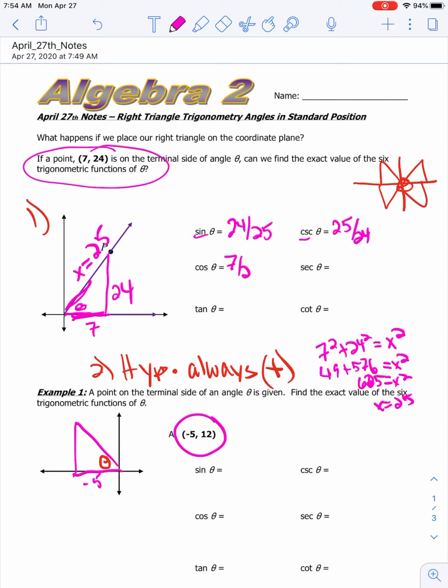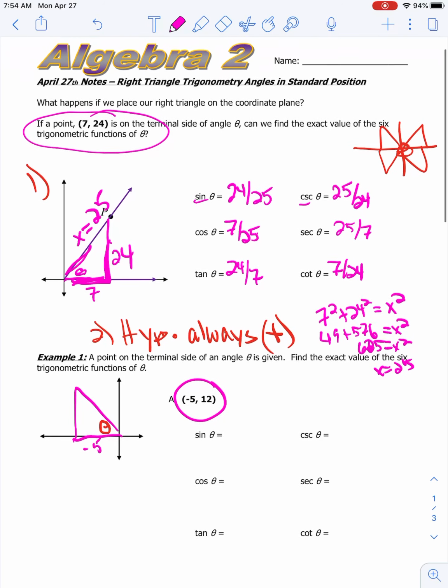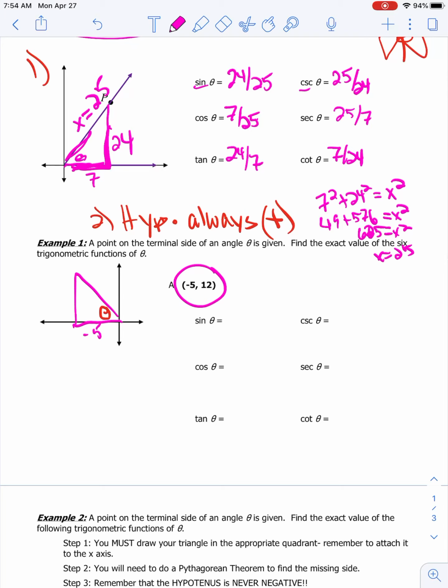So we have 7 over 25, and then 25 over 7. Okay, and then tangent is opposite over adjacent. So we have 24 over 7 and 7 over 24.